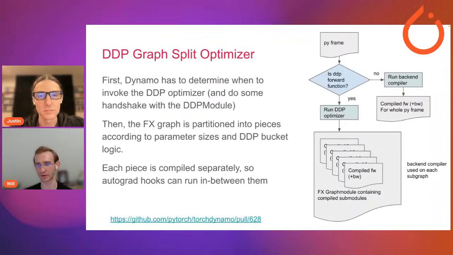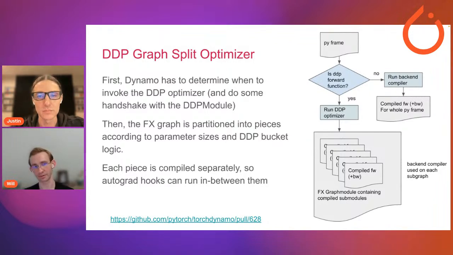If it's getting a forward function as a frame, then check if that forward function came from DDP. Is the forward function DDP's forward function? We can put a simple branch there: if it's not the DDP forward, we just go through the normal compile flow. If it is the DDP forward function, we feed it to a special optimizer that's going to do this graph breaking logic.